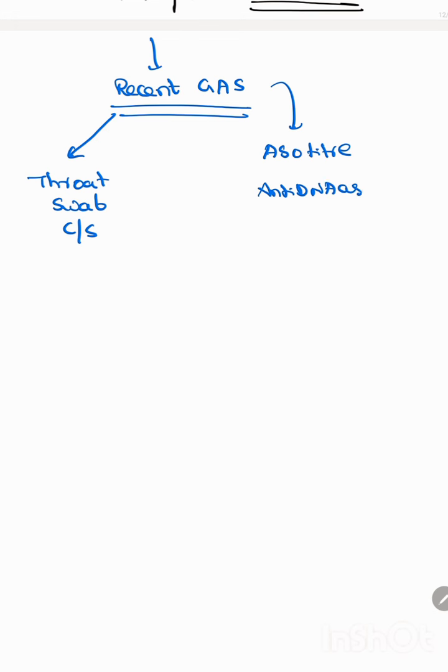That can be seen by throat swab culture sensitivity for group A beta hemolytic streptococcus, or ASO titer or anti-DNase measurement. Almost all the cases will have ASO positivity, though ASO positivity may not be seen in rheumatic chorea.